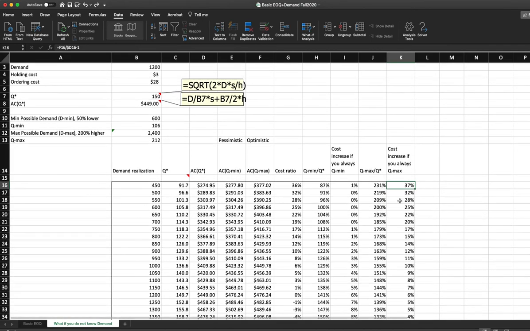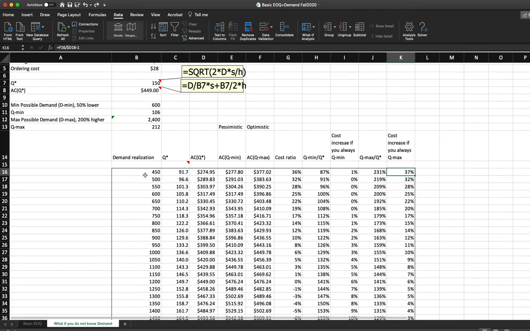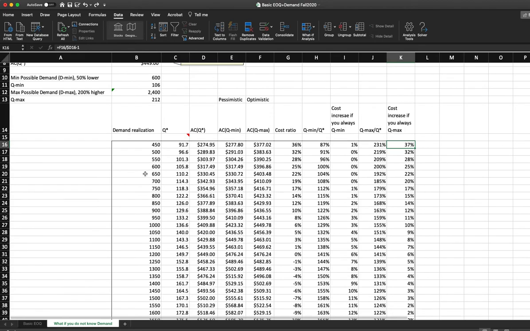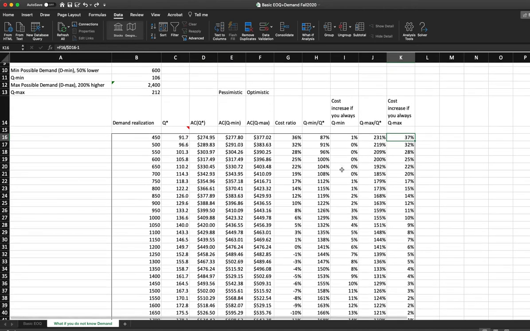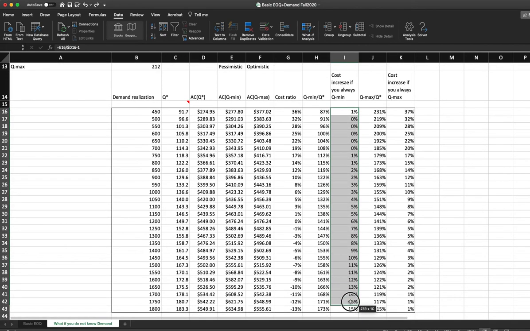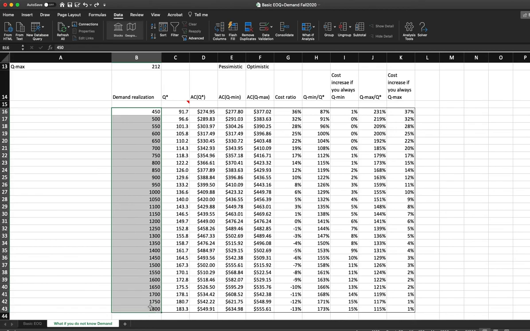As demand realization increases, you can see in this column that the pessimistic manager is actually doing quite well. His or her cost increase varies between 0% and 15%, while the demand realization is a fourfold change.